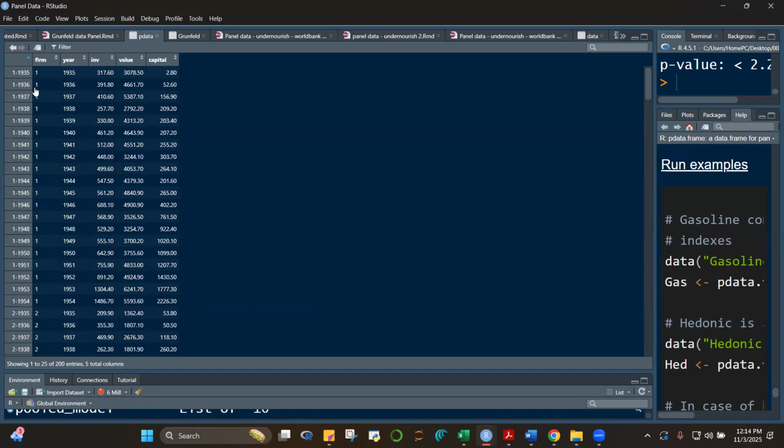We will just disregard the unit and the year because if you compare unit one, unit two, unit three, and unit four, there's no difference. So no need to do the categorization as unit one, unit two, etc. Or also the years, class. Over the years, it's not changing. It's the same. 1935 is no different from 1936, 1937, etc., until 1954. So that's the underlying assumption for a pooled OLS.